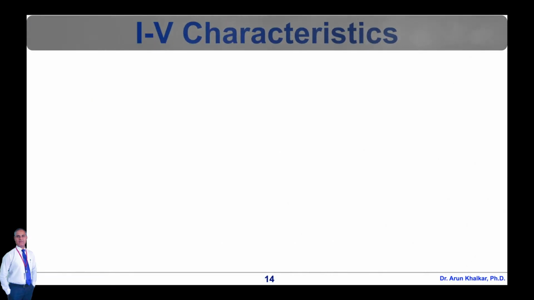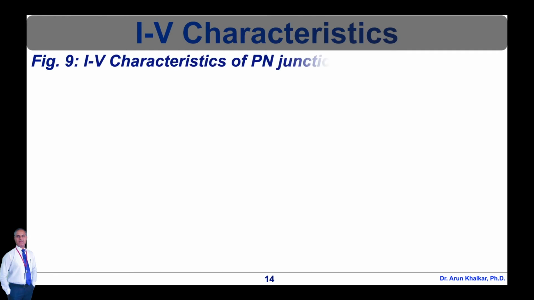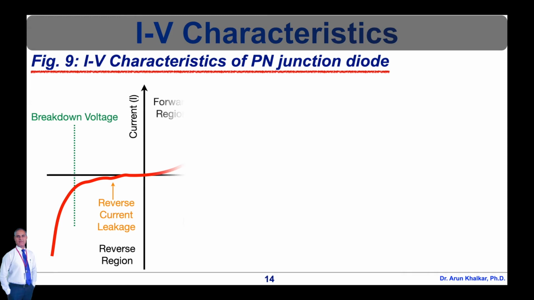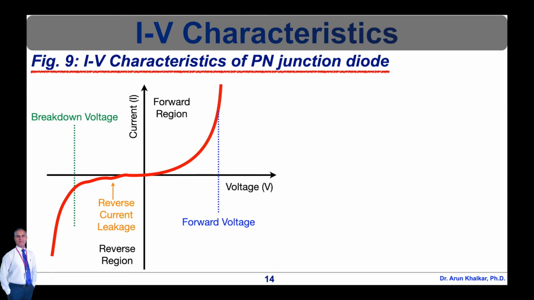Now let's see IV characteristics of PN junction diode. Before that, try to understand how electrons flow in a PN junction diode. The flow of electrons from the N side towards the P side of the junction takes place when there is an increase in the voltage. Similarly, the flow of holes from the P side towards the N side of the junction takes place along with the increase in the voltage.